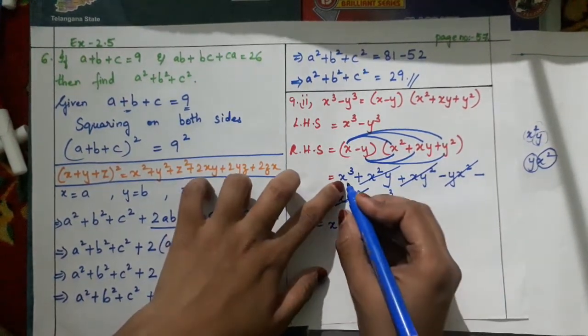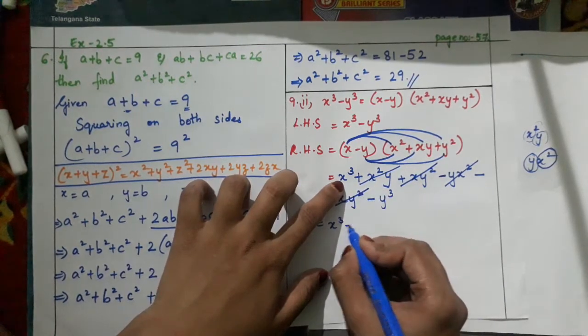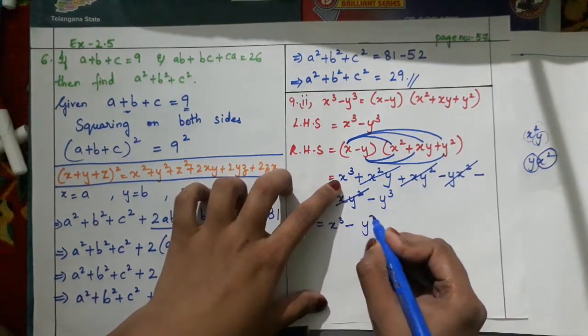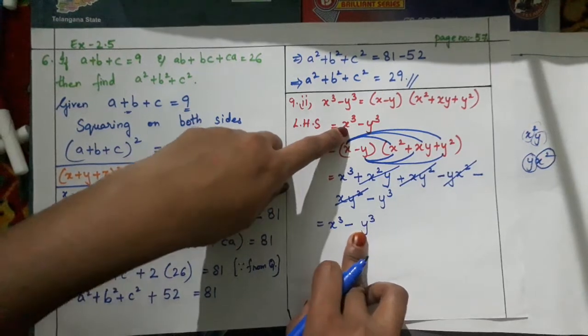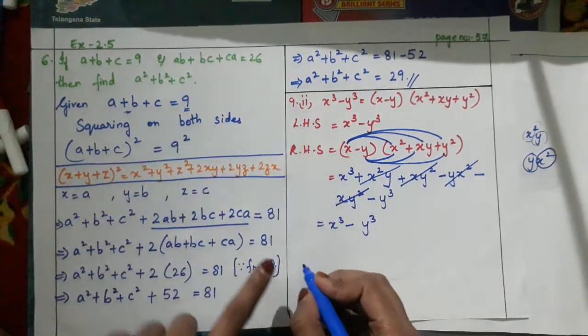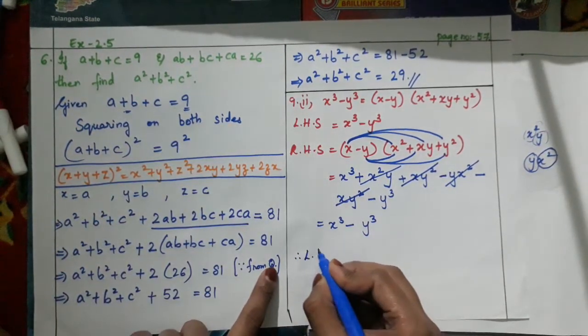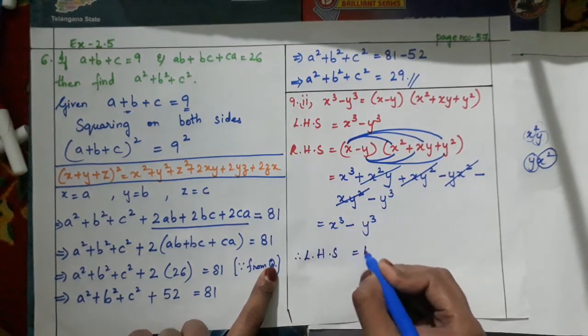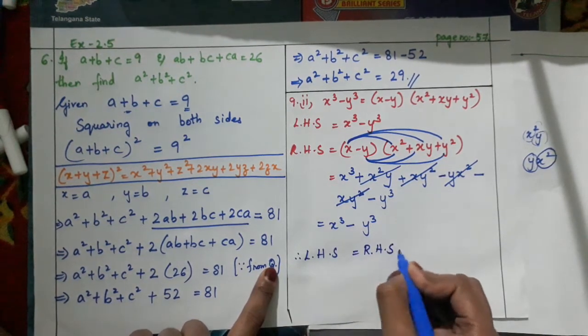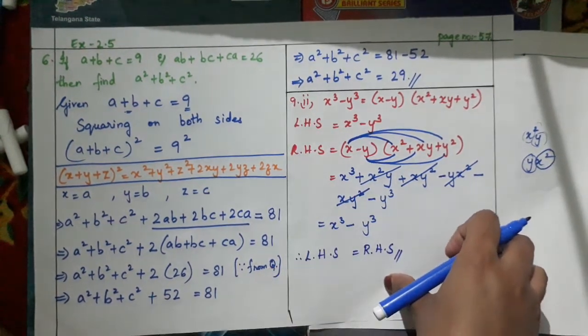What we are left over with? x cube minus y cube. Is both same, children? Yes, it is same. So we can write therefore LHS equals to RHS. That's it. Verification has been done.